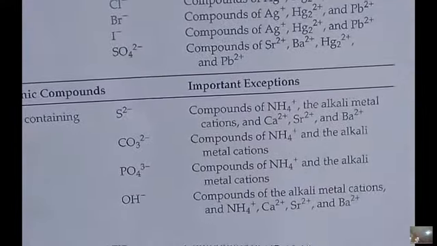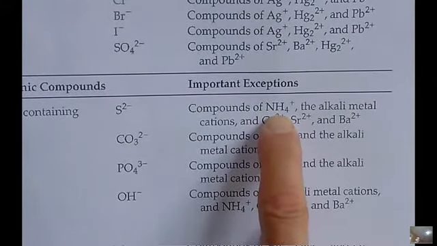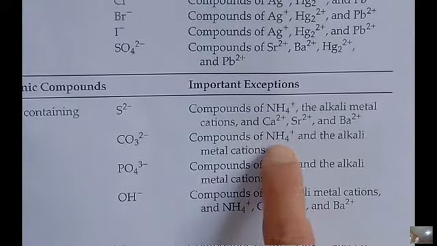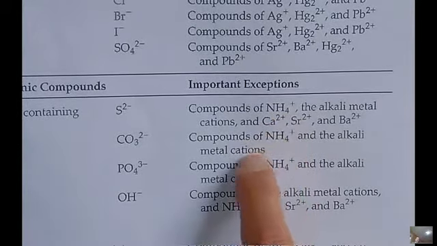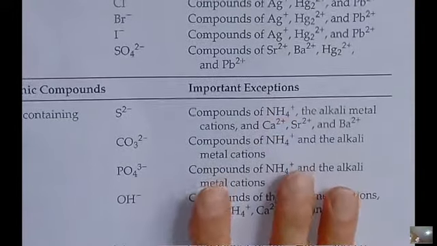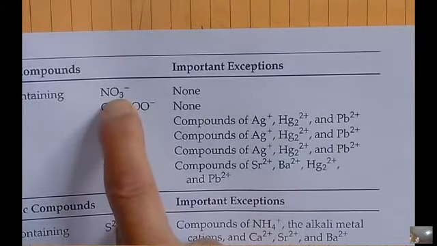They would not dissolve unless it's with the universal solvent, ammonium. Ammonium is soluble with everything. Look, it's on every single one of these lists. So the thing that dissolves with any anion is the ammonium ion. The anion that dissolves with any cation is the nitrate ion.